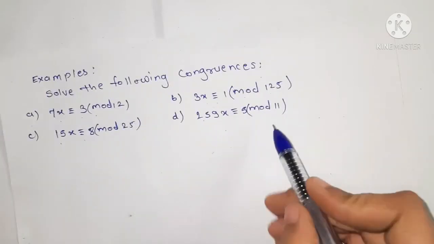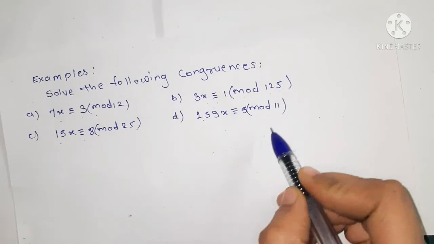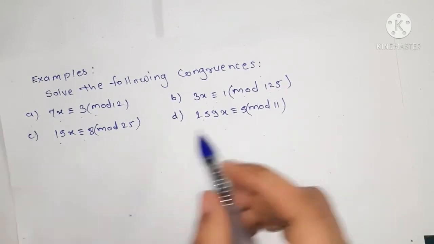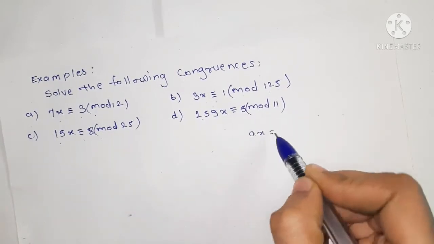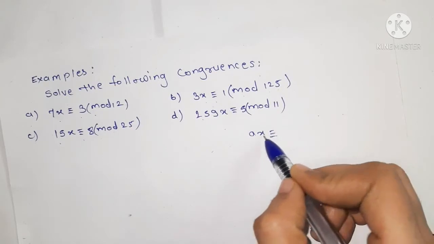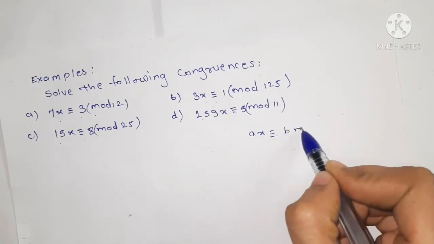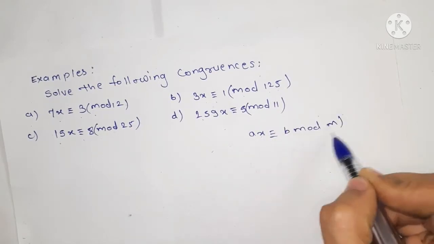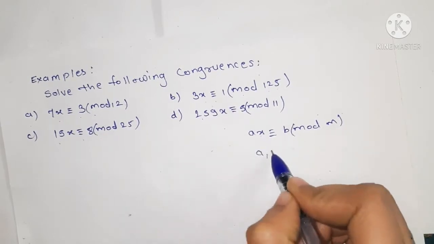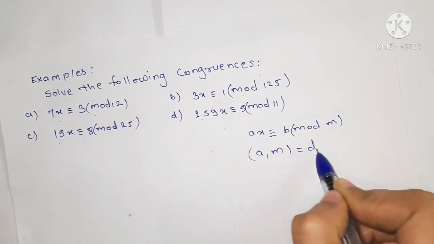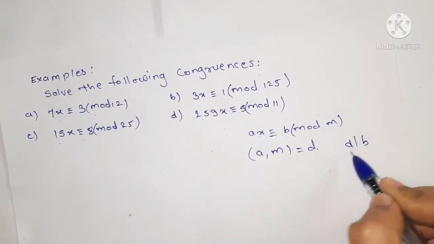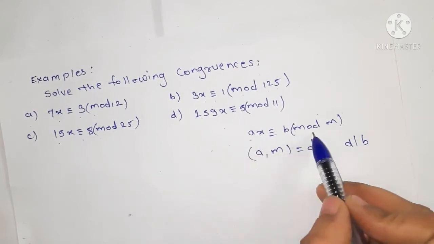Before that, what we know about the number of solutions: the general linear congruence is Ax congruent to B modulo M. If the GCD of A comma M is equal to D and D divides B, then we have a solution of this congruence.